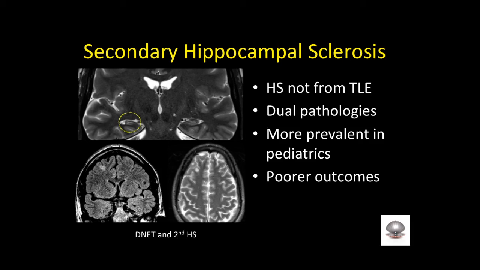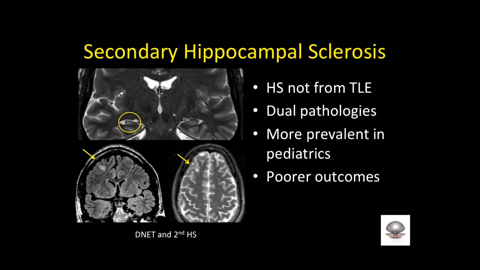So if you see hippocampal sclerosis and the adjacent mesial temporal lobe structures appear normal, do another check on that same hemisphere for the initial lesion. In this case, it was another DNET.